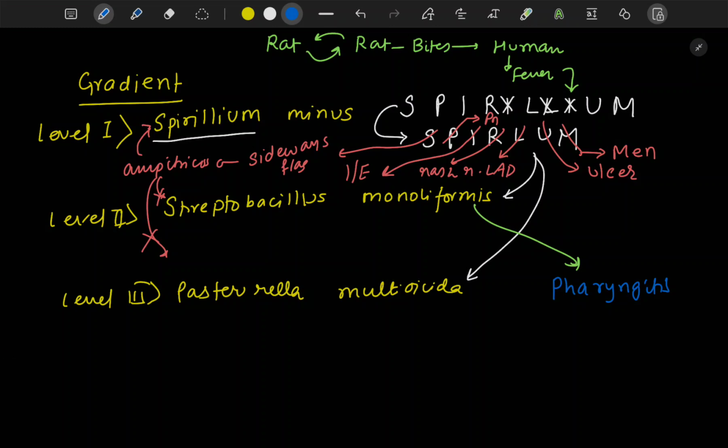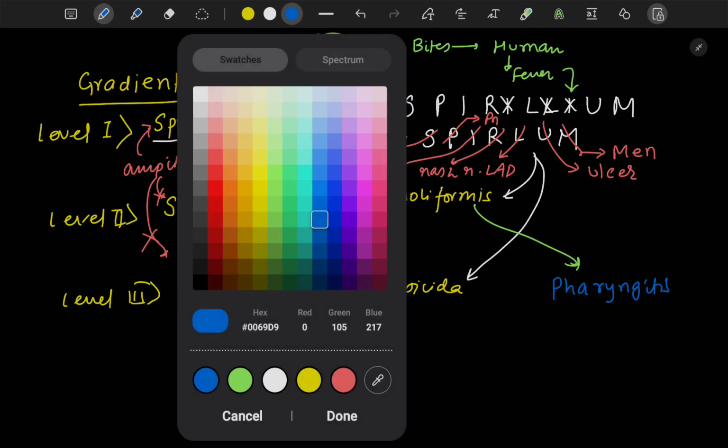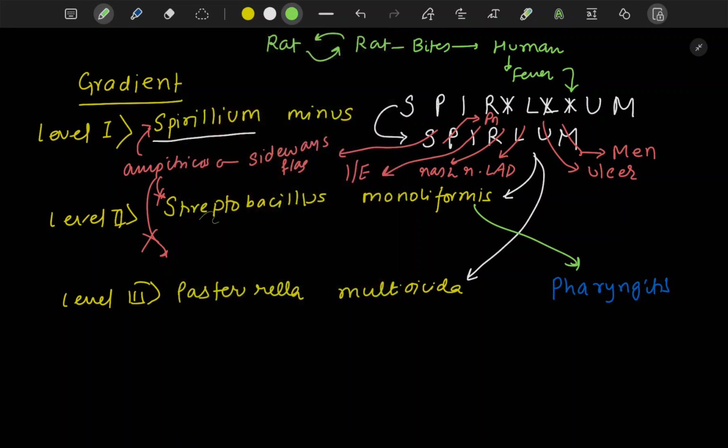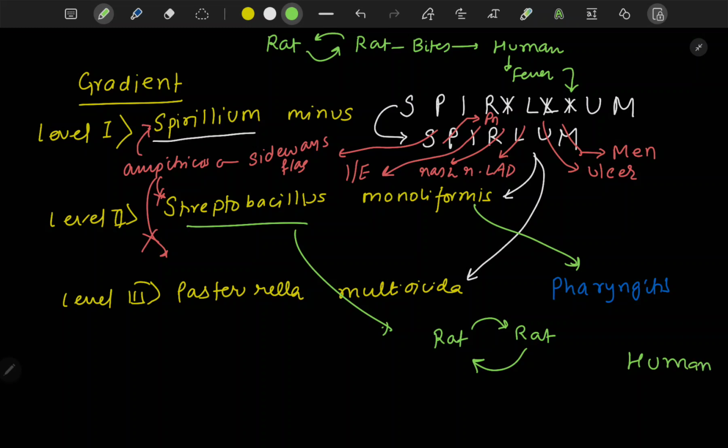Okay, that is it. And another issue, Streptobacillus is also rat bite. So between rats. Now a human can get it via two ways. One is the famous bite, another is eating food with rat excreta.